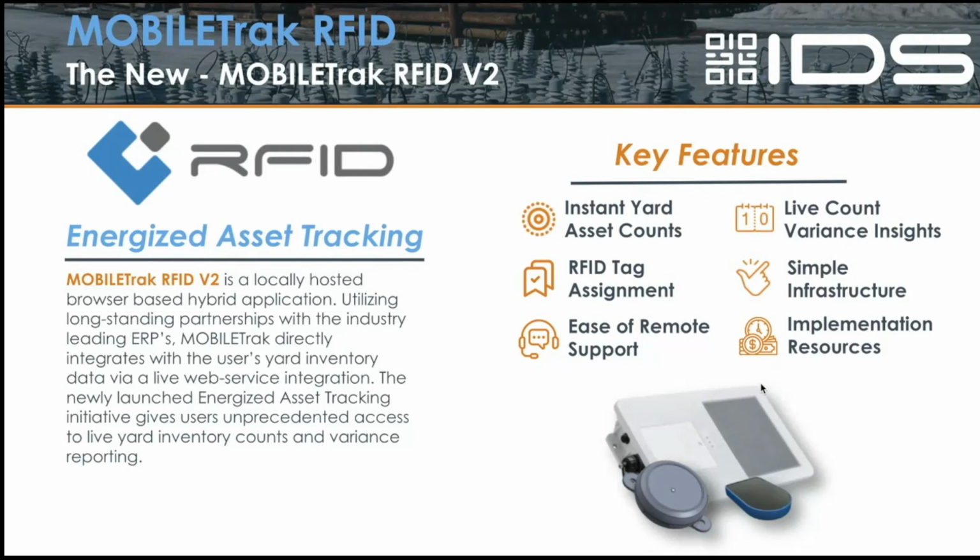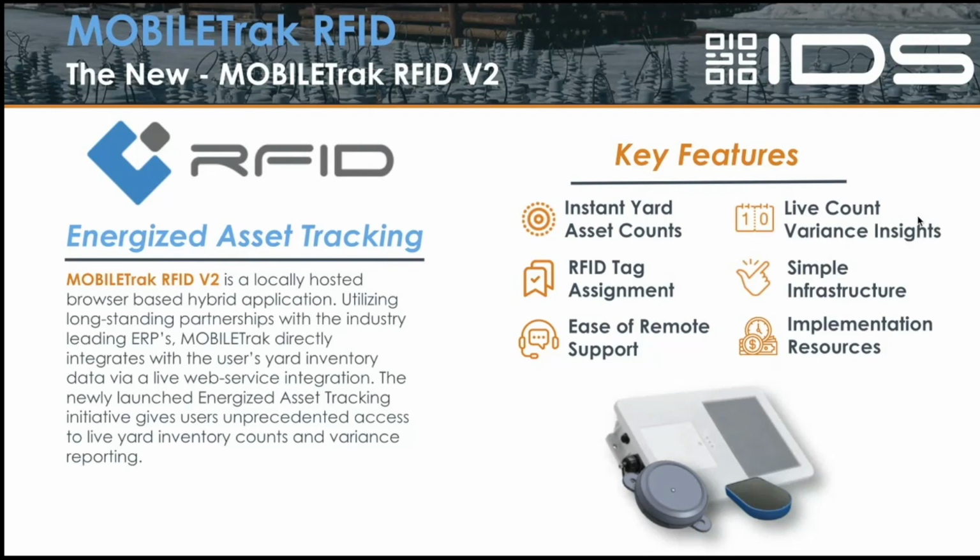So the solution provides instant yard asset counts. It also allows for very easy and quick RFID tag assignment. If you're worried about implementing an RFID solution and you already have a ton of stuff in your yard to tag, V2 provides a really simple way to do that.